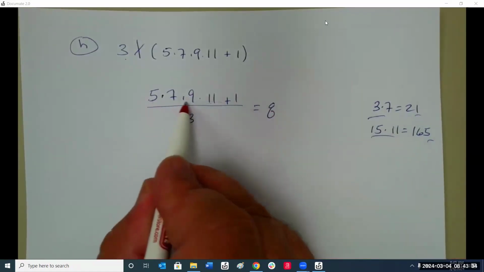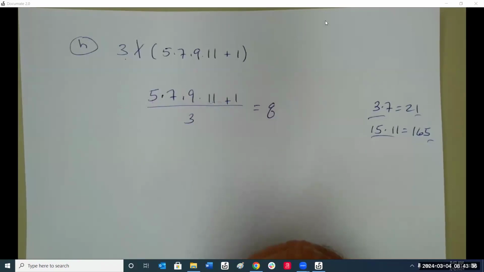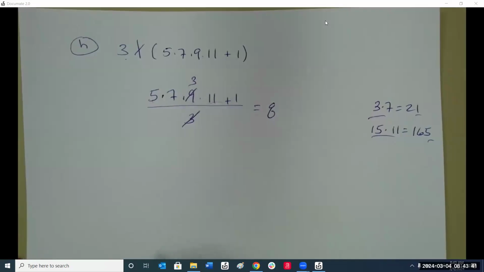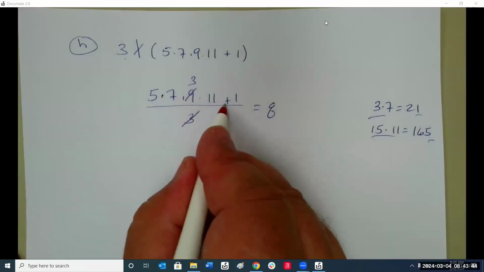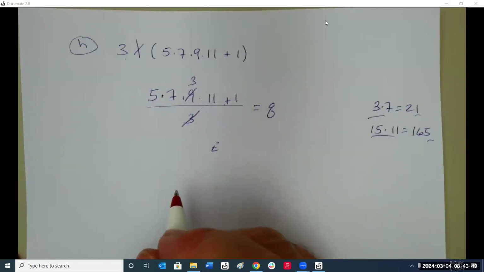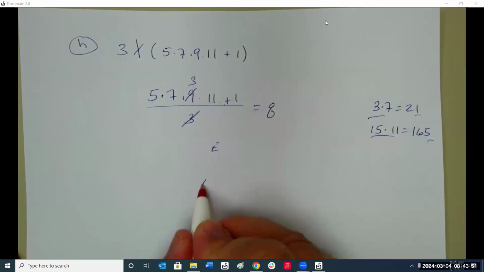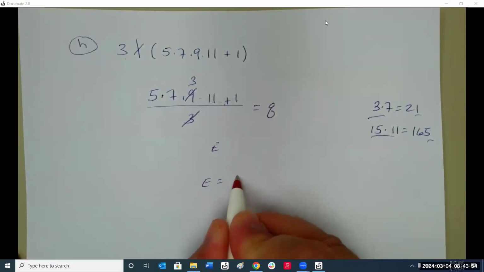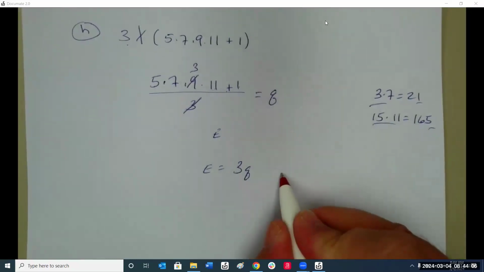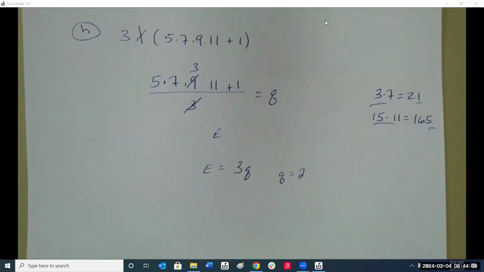So if you multiply four of them, it's still going to be odd. The 3 can cancel with the 9. It's still odd. Odd plus 1 makes it an even number. So what we're looking at here is that it's true for some unique Q, like Q equals 2. Then it's even.